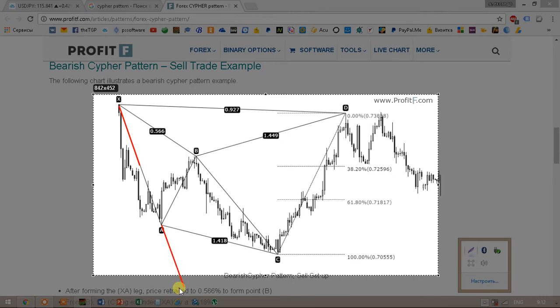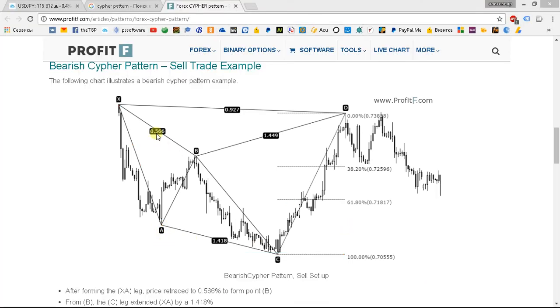This would be 1.40 something, and this is not 1.40 something because let's look here. You see, is it the half of XA leg? This is XA. Is this the half of that? Well, I think it is only 20%. So the author of this article has taken the wrong tool.